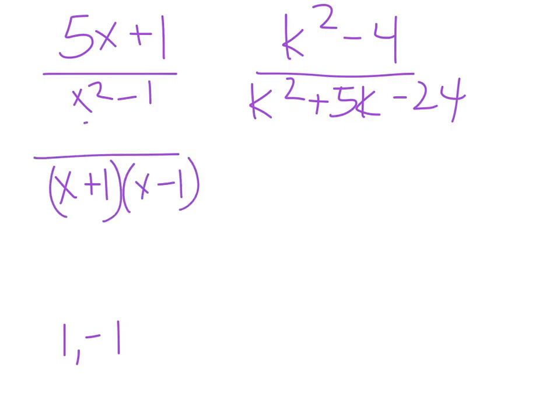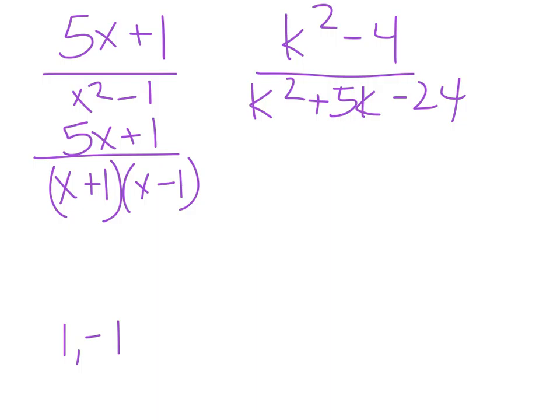And of course, 5x plus 1 is on top. Now that you've factored that, because x times x is x squared, 1x, negative 1x, and then you have negative 1. That shows you right there that x can't be negative 1 or positive 1. Set it to 0.